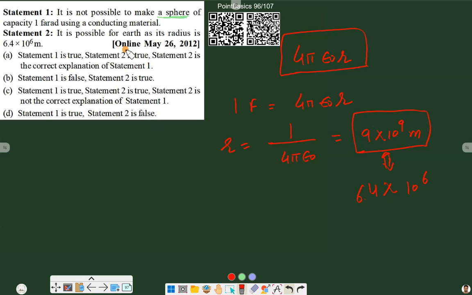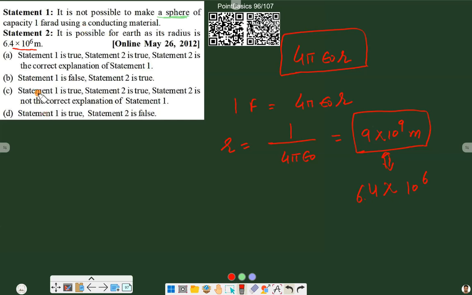Considering the practical scenario, when we live on Earth, which has a radius of this magnitude, we cannot create an object of radius of this magnitude on our Earth. So statement 1 will also be false. Even considering that here it is mentioned that we have to create a sphere using conducting material, even that will not be possible.